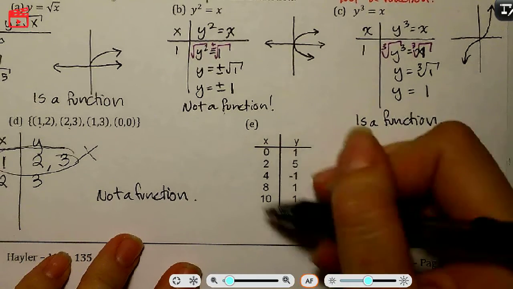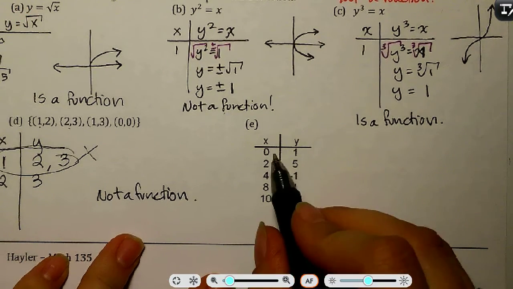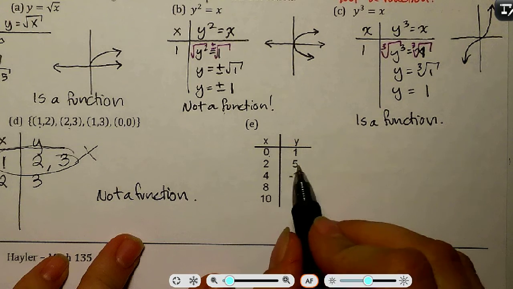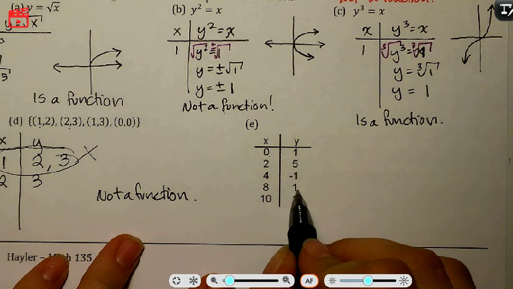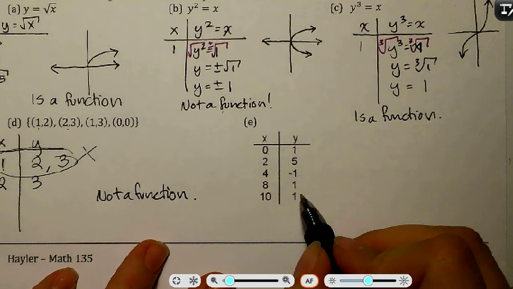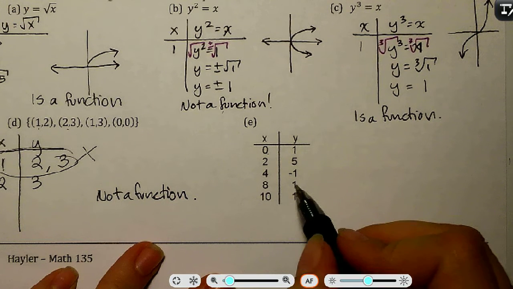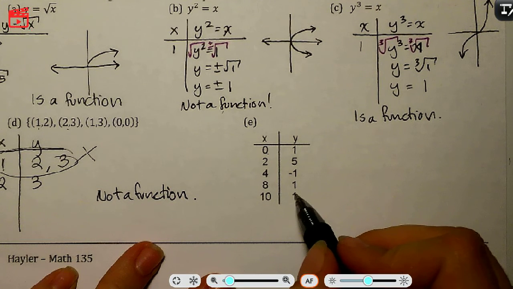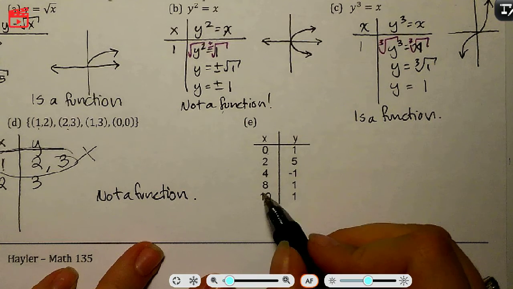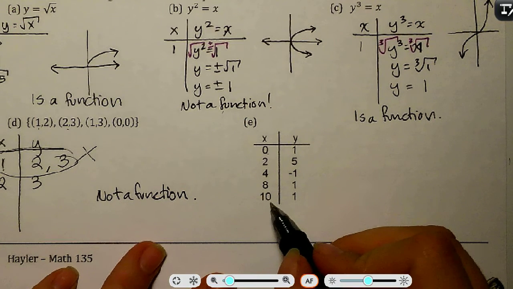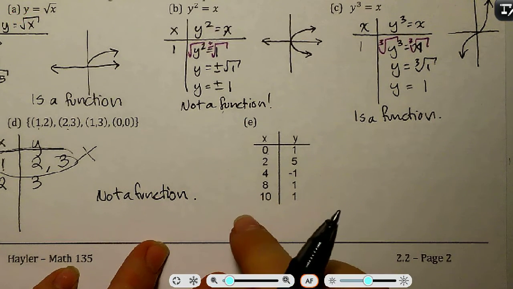All right, and let's take a look at this. Same idea here. For each x, is there only one y value? Yeah. You might be concerned though, but notice the y is doubled here. So the y value of 1 actually has 2 x values. But remember, that's not a problem for us.